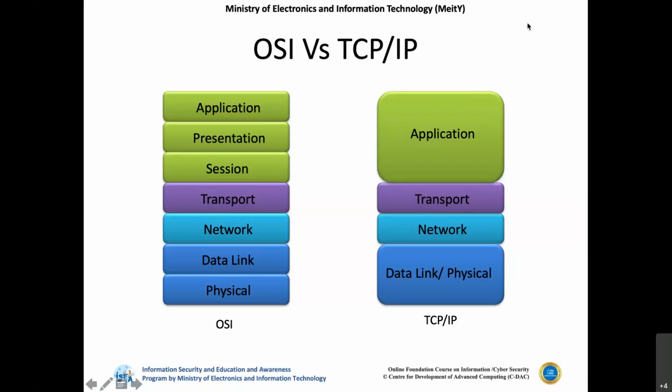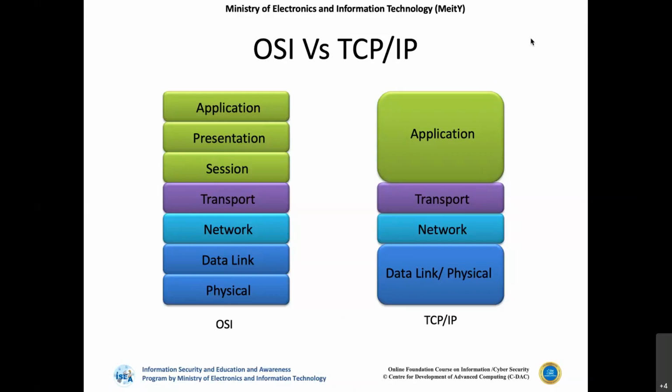different scanning techniques. As we have seen, this is the major distinction between OSI and TCP/IP. OSI we generally say is a theoretical approach where we have 7 layers: right from the top, application, presentation, session, transport, network, data link, and physical layer.